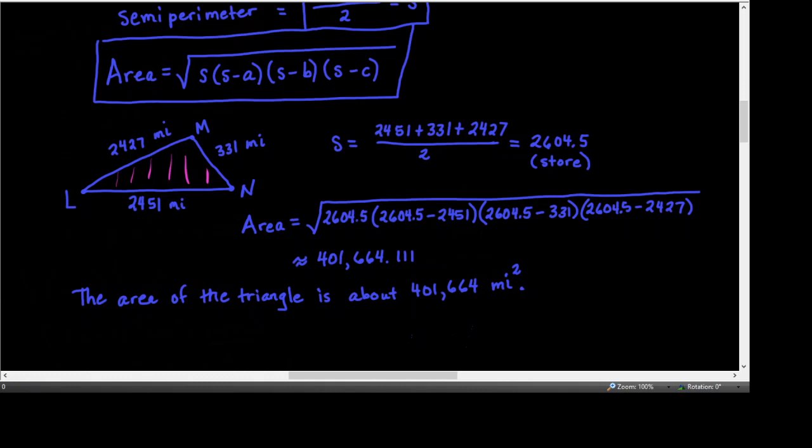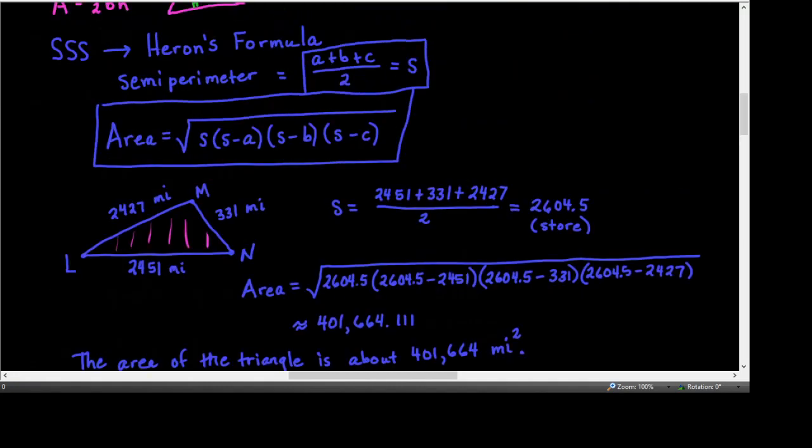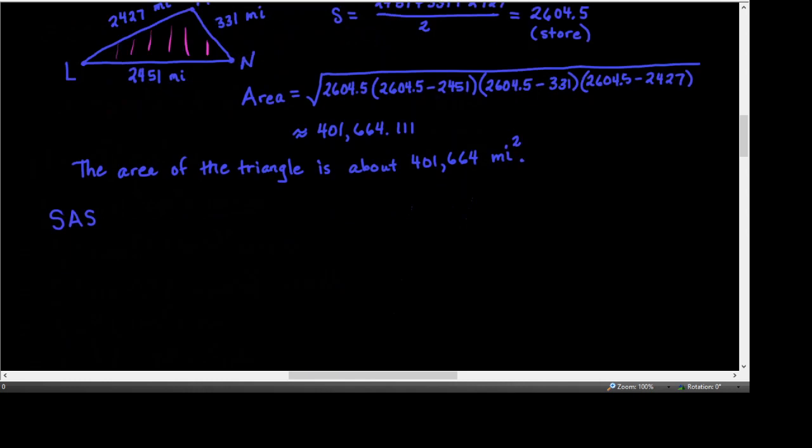Now, what if you're given side angle side? By the way, both of these are the ones that use law of cosines, so that may be a way to remember them, is the two that use law of cosines to solve the triangle. We use different things for finding their areas. Okay, so side angle side is given.